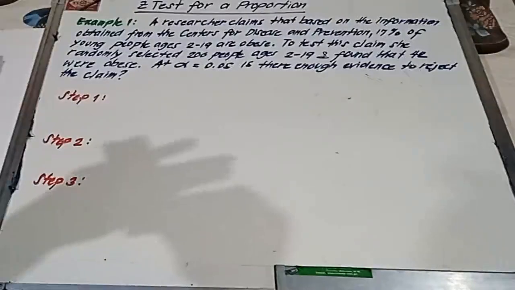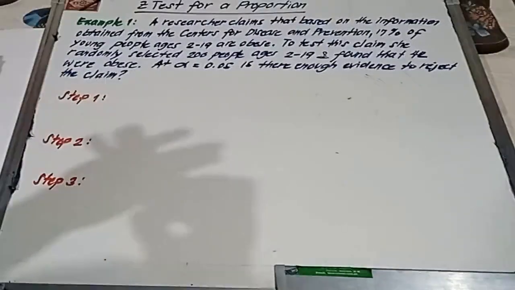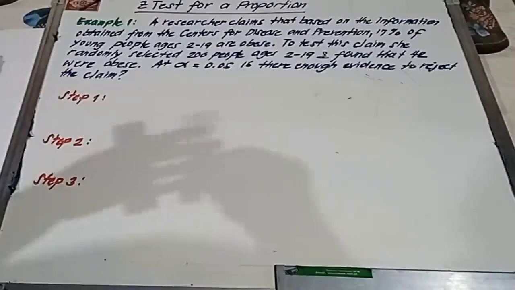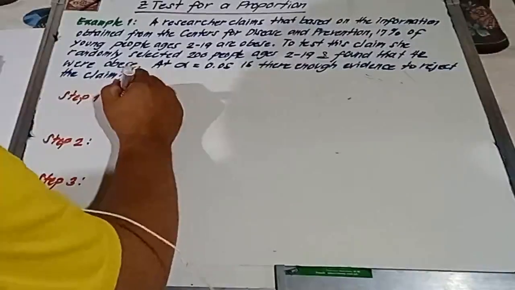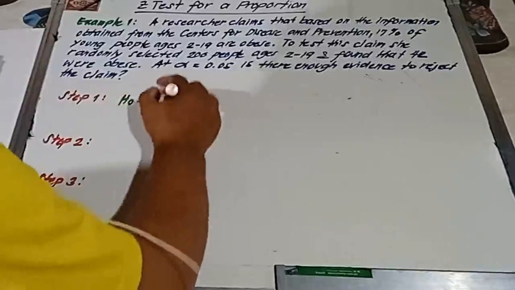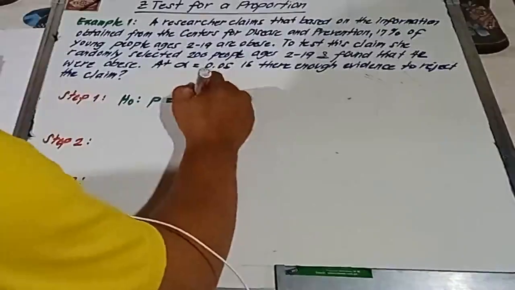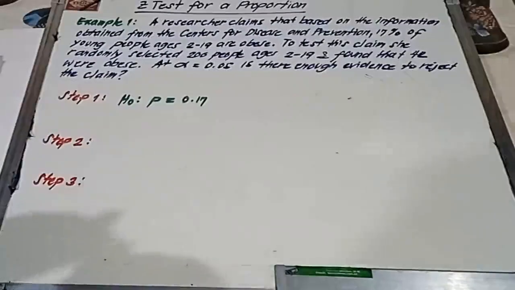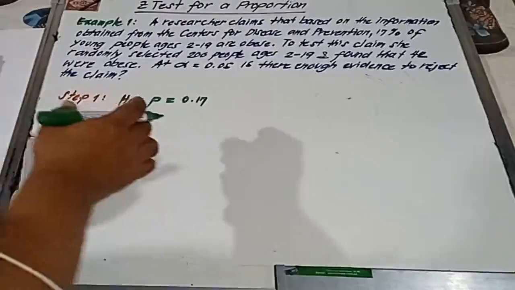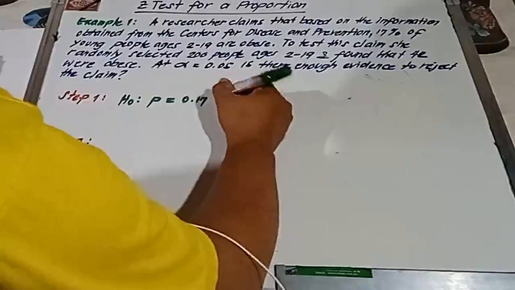Yung ating population proportion. Okay? So, we have null, the population proportion p is equal to 0.17. Okay? And this is the claim of the researcher. Ito yung kine-claim niya.